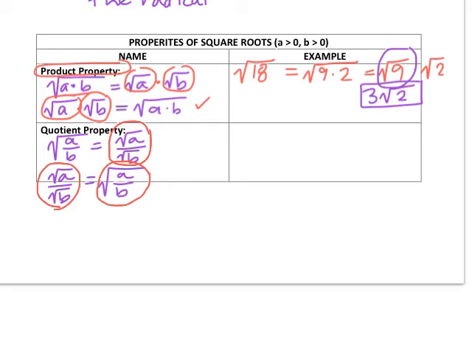So if we take a look at an example, let's see if we can do square root of 2 over 25. So that's in the form that we started with over here. And what I would like you to do is realize that you can make this into two separate radical operations. So the numerator is now square root of 2 and the denominator is square root of 25.